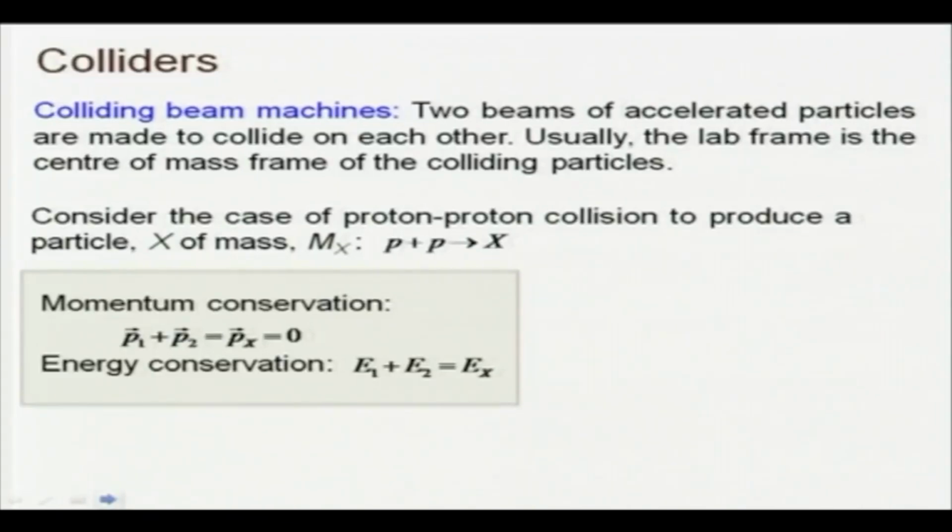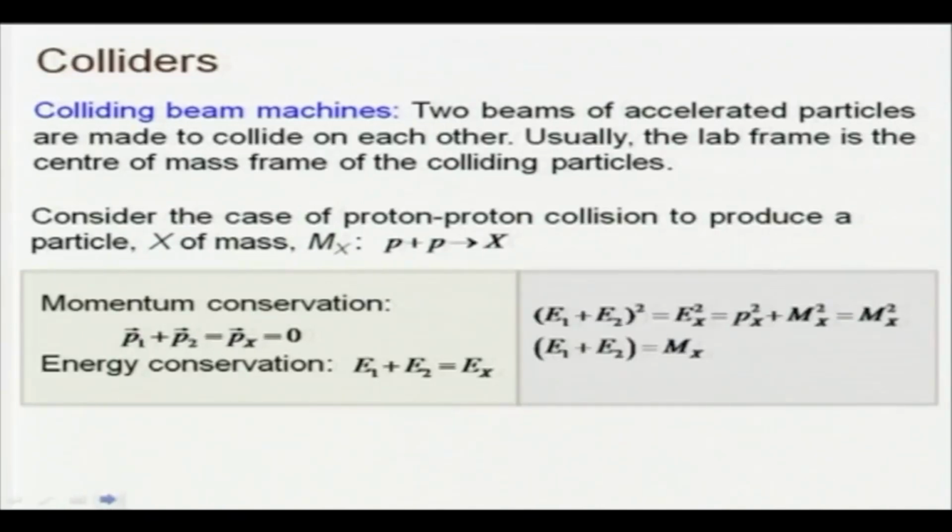And energy conservation will tell you that E1 plus E2 is equal to Ex. And again, putting this back like in the earlier calculation, we will see that (E1 plus E2) square is equal to Ex square, which is equal to Px square plus Mx square, which is equal to Mx square, because Px is equal to 0, and we have E1 plus E2 equal to Mx.